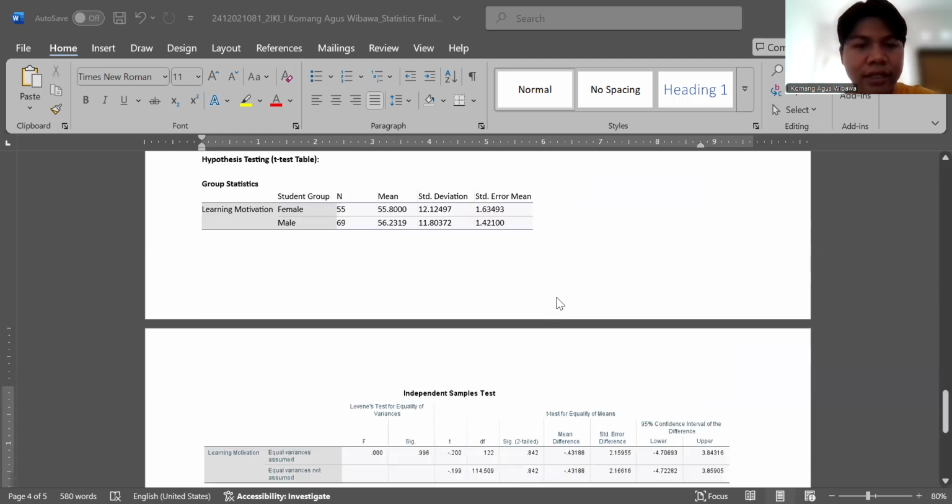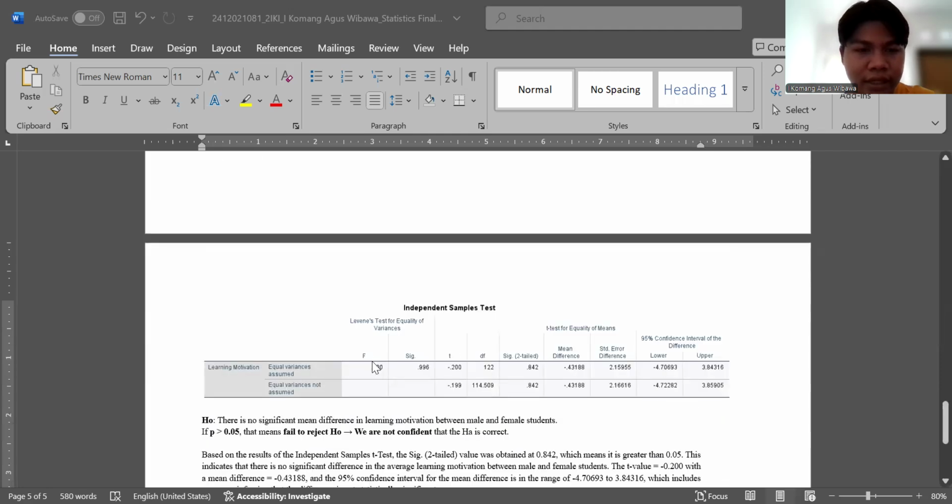Here's my result after doing the test. We just focus on the equal variances assumed row. The sig value in this table is 0.845, which is above 0.05, and the mean difference is 0.43188.